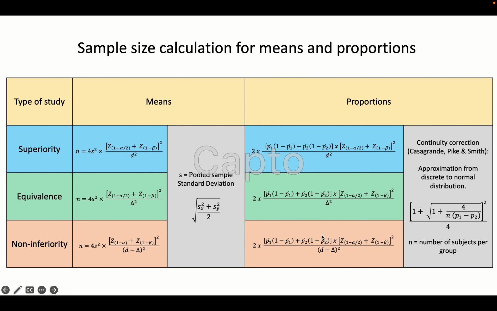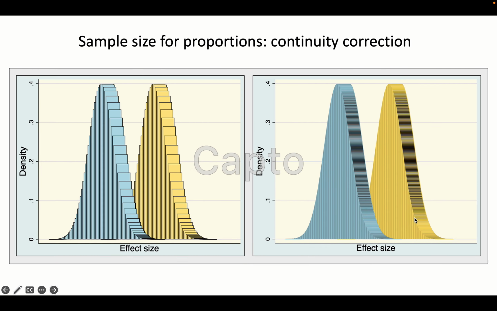What I mean by continuity correction is that whenever you are calculating the sample size for proportions, you are doing something like this, where every scale is given by a certain proportion, but then you have to approximate this to the normal distribution, and this, by the way, is representing the effect size of the two groups. Imagine that this is the first group that we are comparing, and this is the second group, and the distance between those means is just the effect size.